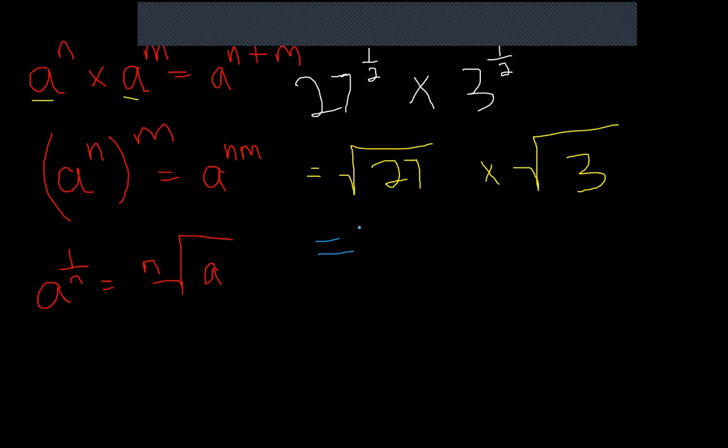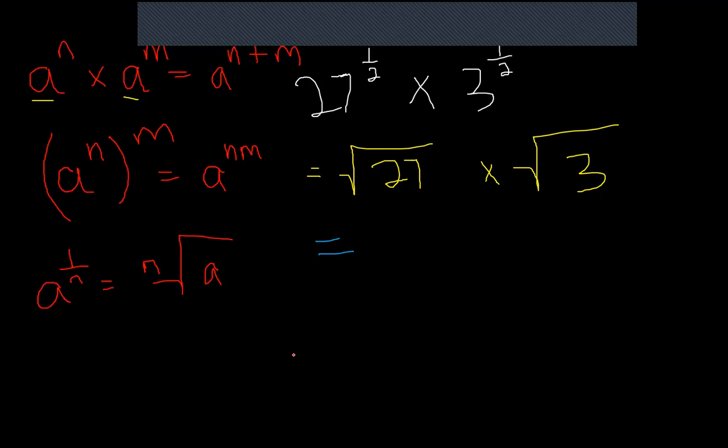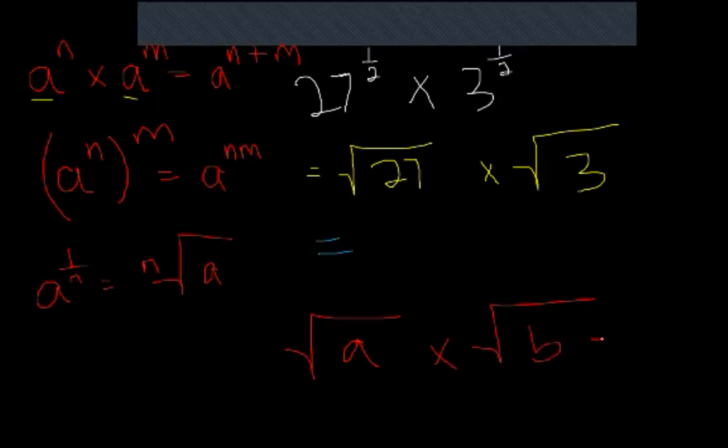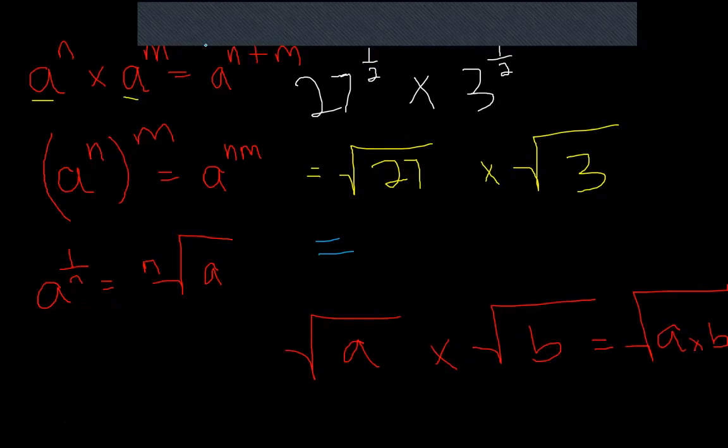What we did when we did surds, it's a whole other topic, but it's okay. So this is a rule from surds: the square root of A times the square root of B is the same as the square root of A times B. We did that in surds, right? So just showing you the alternate ways to work this and get the same answer.